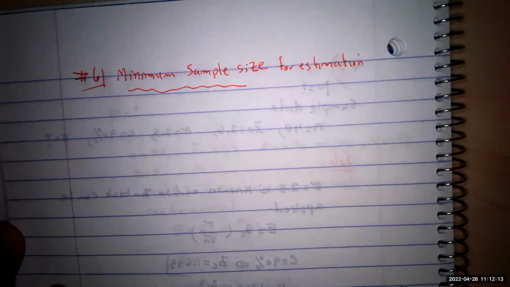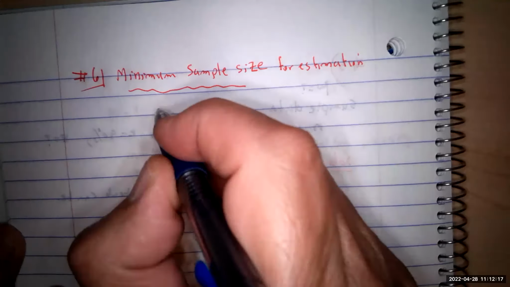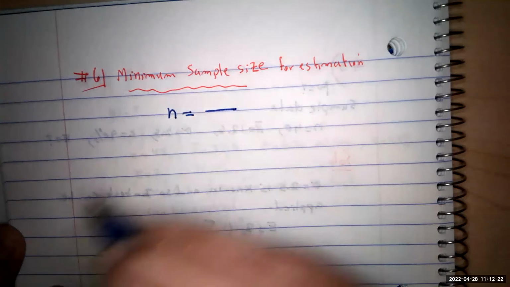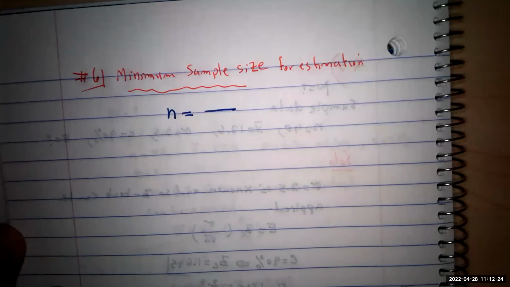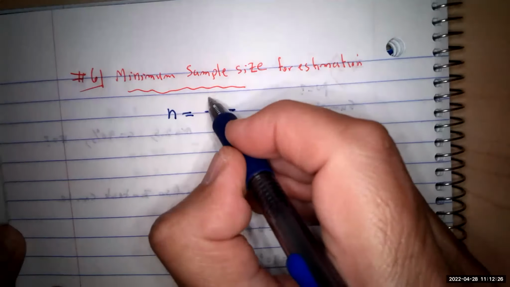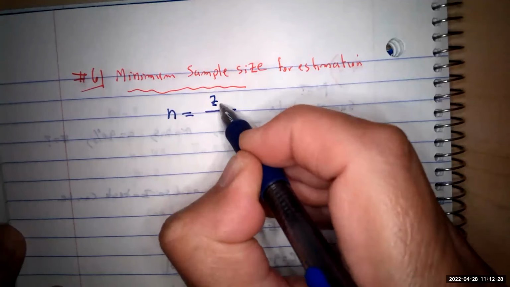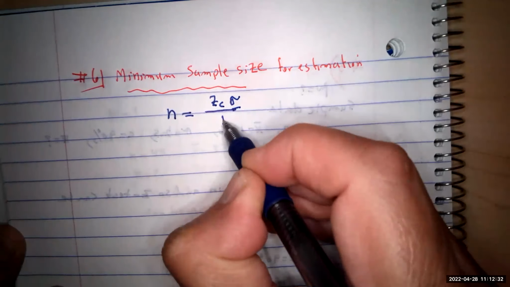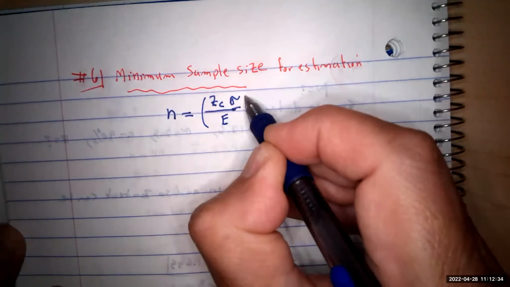You can use the E formula and solve for n, or just memorize this formula: n equals the top stays the same as before, ZC times sigma, divided by E, but then you have to square it.